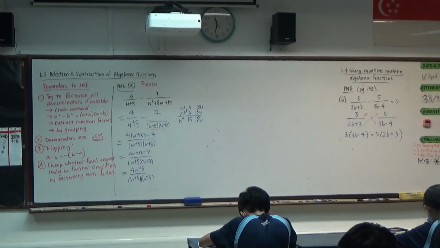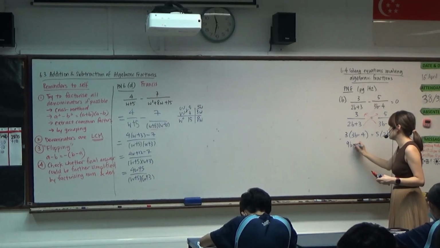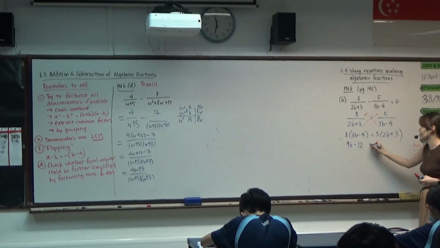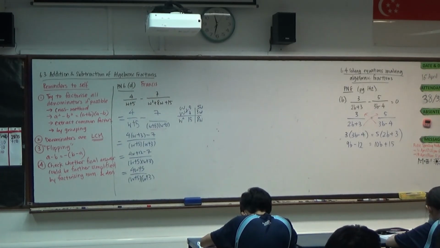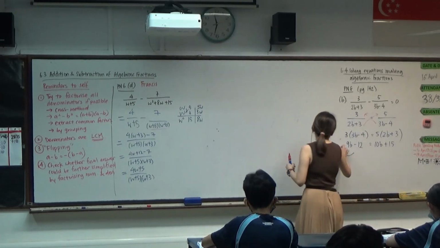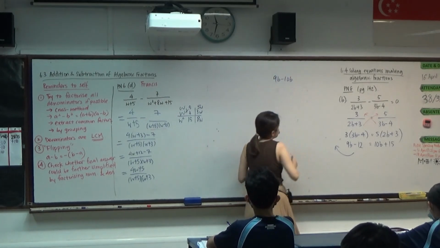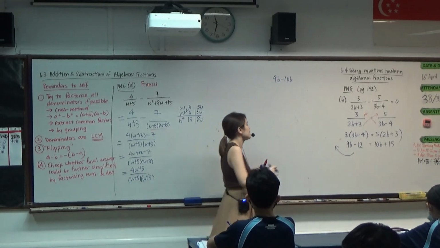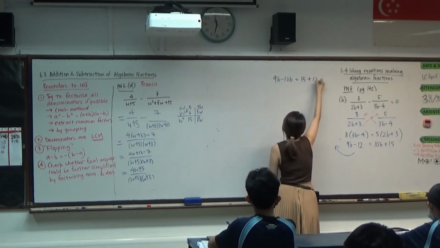Then we can get 3 times 3b, that's 9b, minus 12 upon expansion, and here I will have 10b plus 15. Then, to simplify it, 9b minus 10b, all your b's on one side, all the unknowns on one side, and the numbers on the other side, so 15 plus 4.